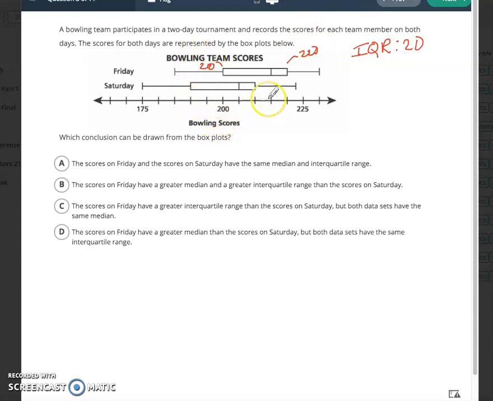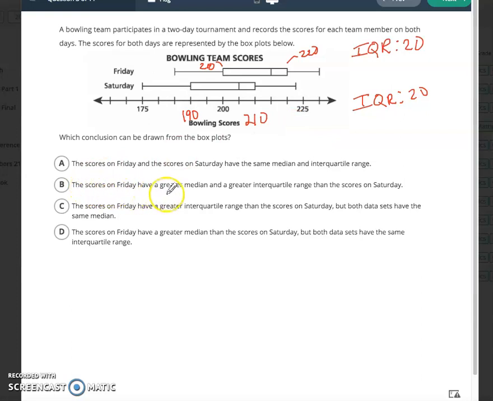Now, we know that the median for Friday is bigger than Saturday. Let's look at the IQR for Saturday. Q3 is 210 for Saturday, and Q1, if this is 195, this will be 190. So 210 minus 190 is 20. So the IQR for this is equal to 20.